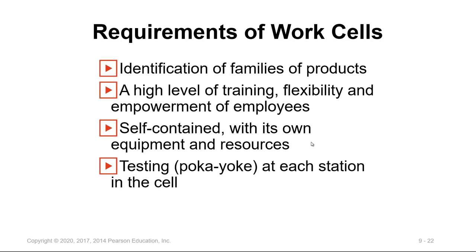They are trained just to do that job in that work cell. The work cell should be self-contained with its own equipment and resources. The people who work in that work cell stay in that cell most of the time. And then testing and error proofing should be added at each station in the cell to reduce failures and errors.